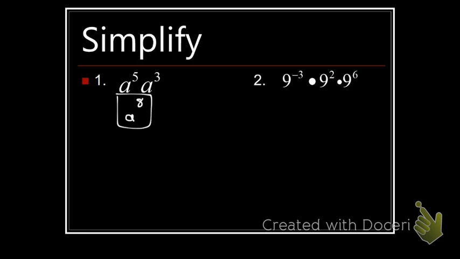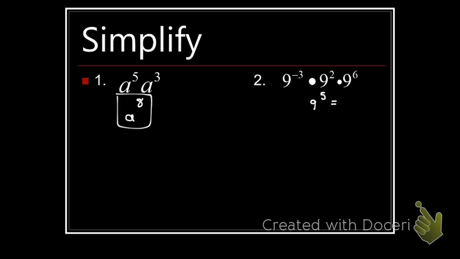Okay. Now I got all these 9s. I'm multiplying them together. Are they all the same base? Yes. So negative 3 plus 2 plus 6. So that's 8 of them, minus 3 of them would be 9 to the 5th. Now, if you wanted to, you could go to your calculator and tell me 9 to the 5th.